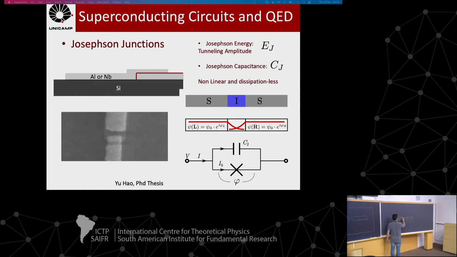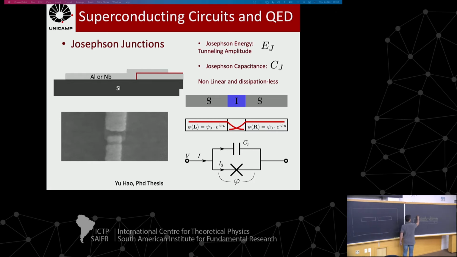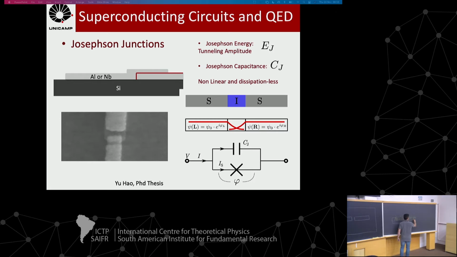For example, the electron hits here and then moves in this direction. The same thing here, and you can see some electrons going in all directions.